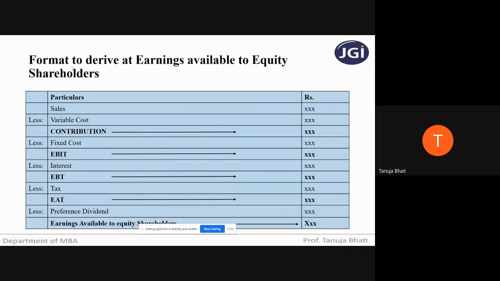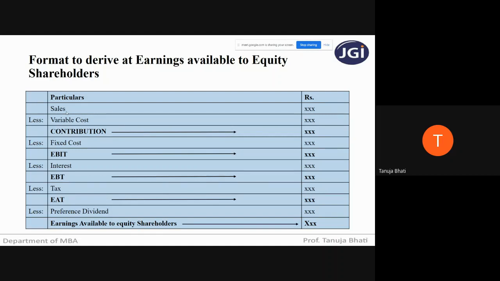Now, the format to derive the earnings available to equity shareholders. See students, the ultimate thing of leverages is to give potential returns to the shareholders. Now, how do you arrive at earnings available to equity shareholders? This is nothing but returns available to equity shareholders. So how do you start? First, you take sales.